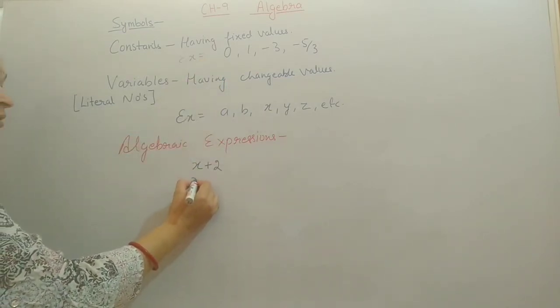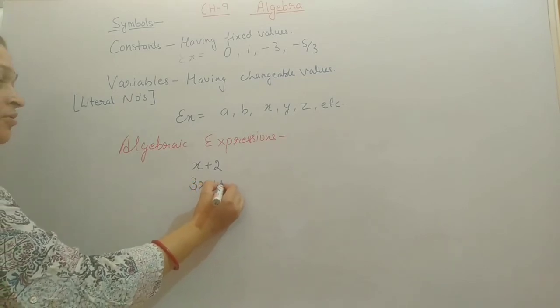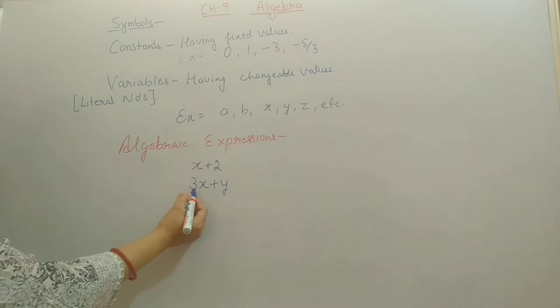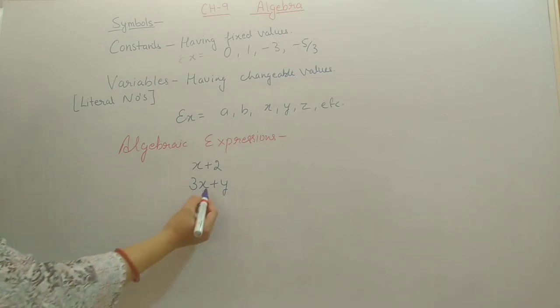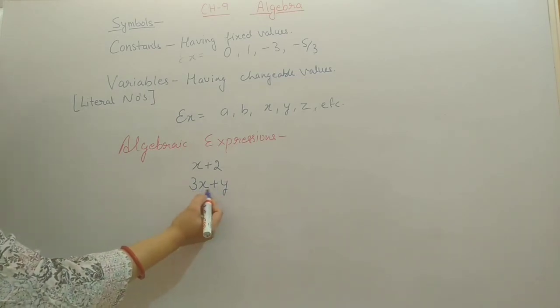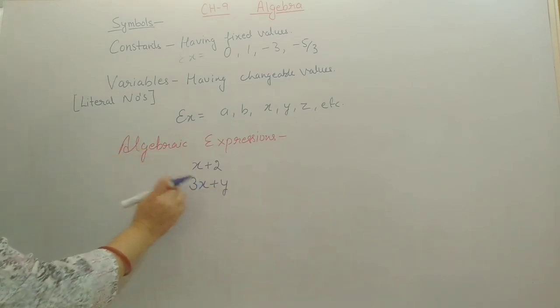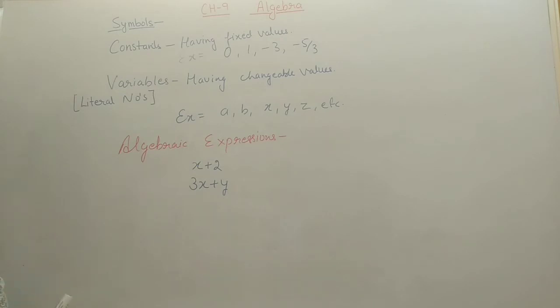Or 3x plus y. You can see here we are using 2 operations. First 3 and x we multiplied, then we are using plus and y. So we are combining 2 variables and 1 constant with the help of multiplication and addition.